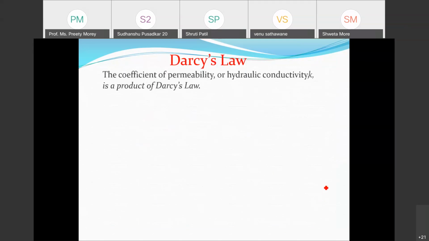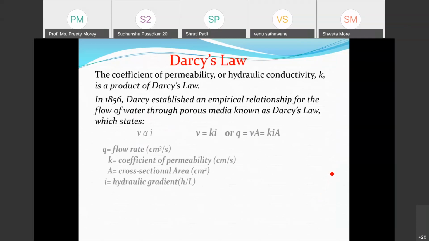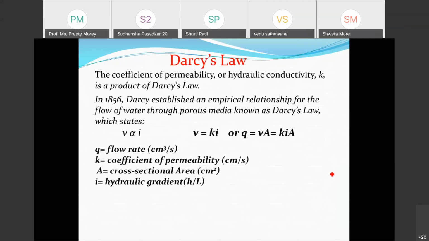What is Darcy's law? It defines the coefficient of permeability, or hydraulic conductivity, of the soil. Permeability is the property of the soil through which water flows, and Darcy has given one equation. He says the discharge velocity is directly proportional to the hydraulic gradient.